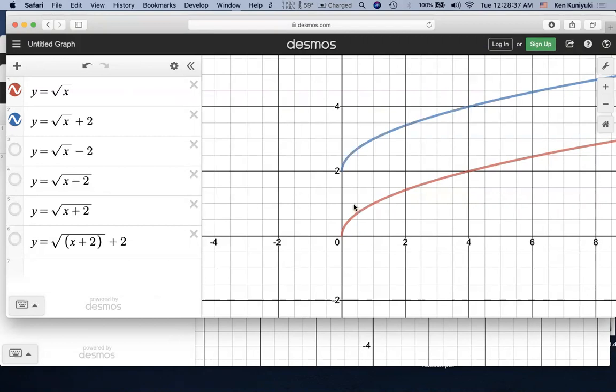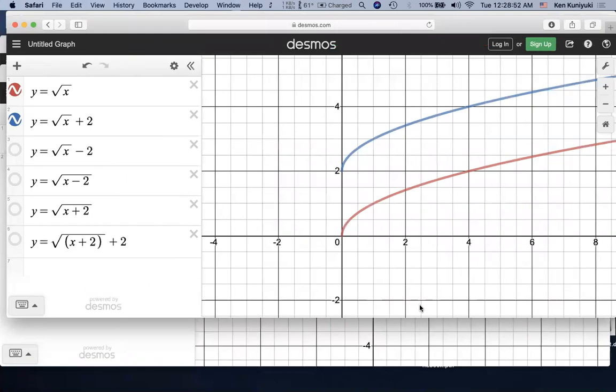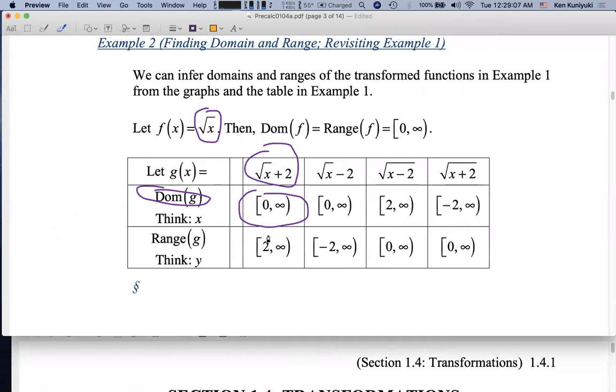Well, the domains stay the same because we pick up the same set of x-coordinates on the red graph and the blue graph. The domain is the set of non-negative reals. But the range, what happens to the range? The y-coordinates all go up 2 units. 0 was the least real number in the range for the red graph, but 2 is the least real number in the range for the blue graph. So the range for the new blue graph starts at 2 and then goes off to infinity.